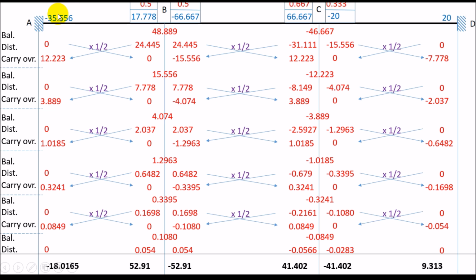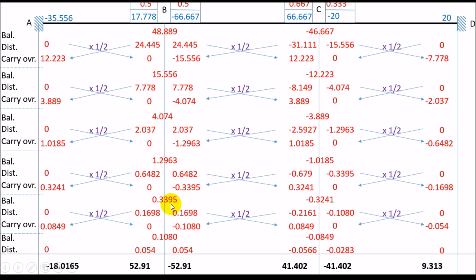By adding all these values, minus 35.556, 12.223, 3.889, 1.0185, 0.3241, 0.0849, we get minus 18.0165. Here again, when we add all the values on the left hand side, the middle values are not to be added.